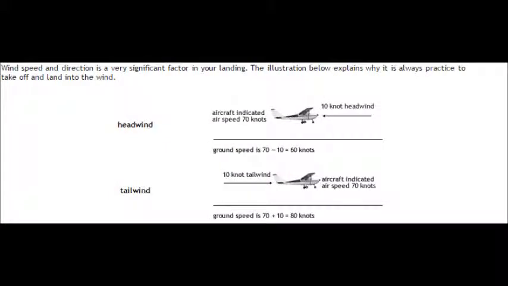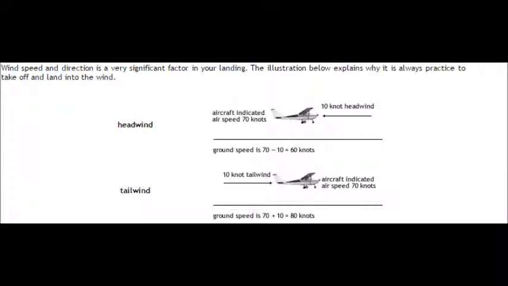Landing an aircraft is much like the opposite of taking off. Wind speed and direction are very significant factors in landing. The illustration explains why it is always practiced to take off and land into the wind. With a headwind of 10 knots and an aircraft indicated airspeed of 70 knots, the ground speed is equal to 60 knots.